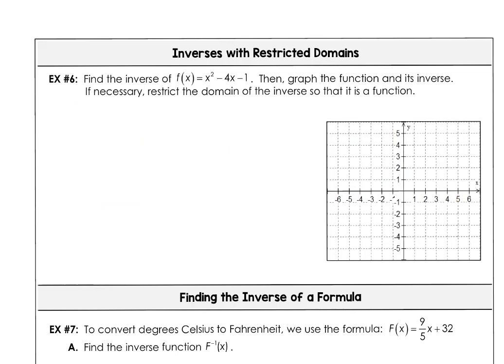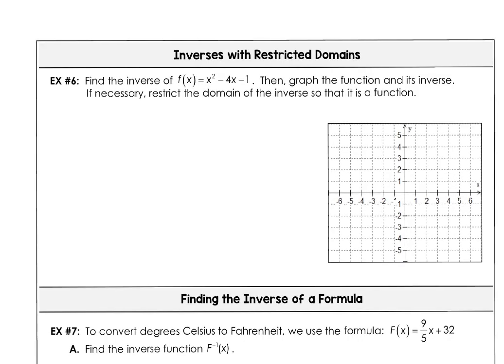Example 6 is a little tricky since we're going to need to complete the square. We have y equals x squared minus 4x minus 1. Now that's not a perfect square. And we're going to interchange the x and the y, and that'll help you see the need for why we need to complete the square.